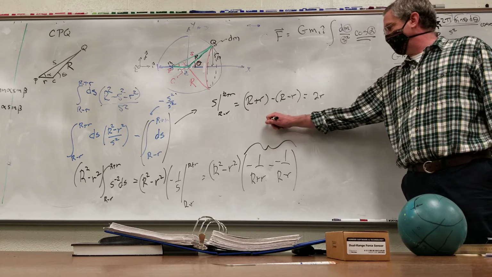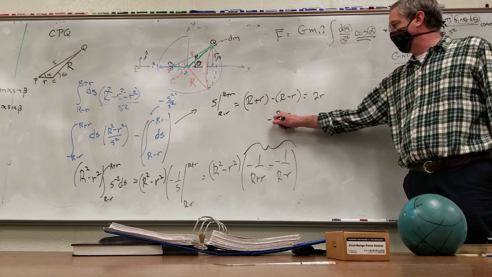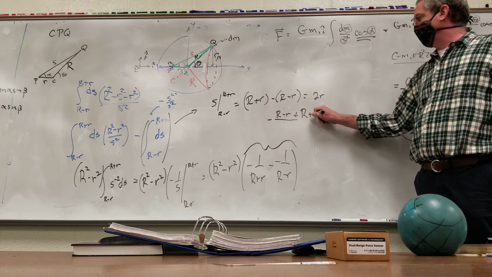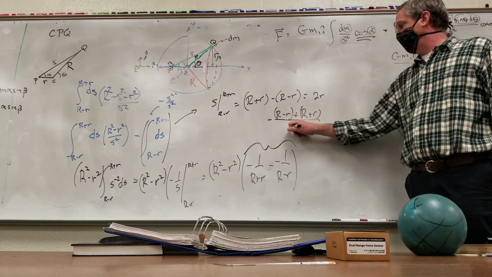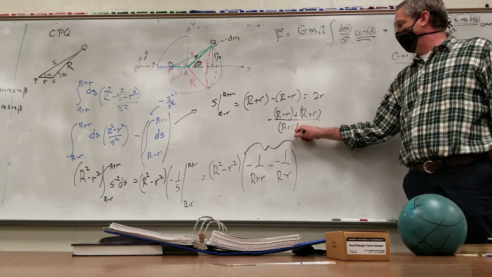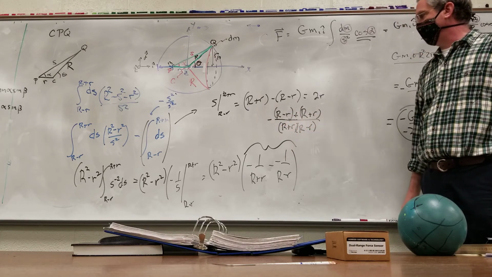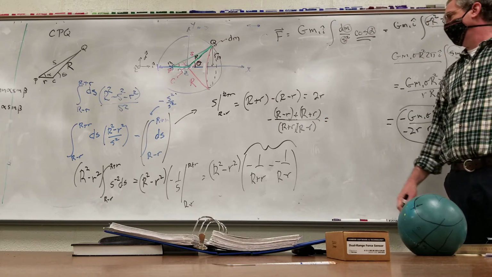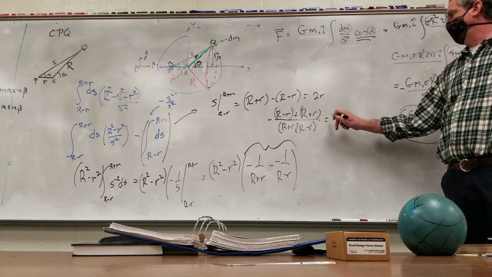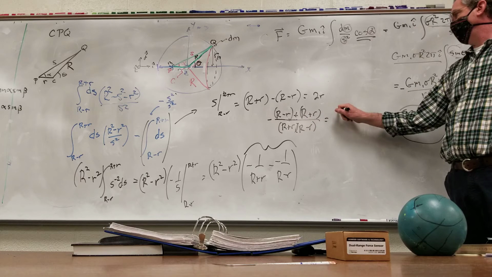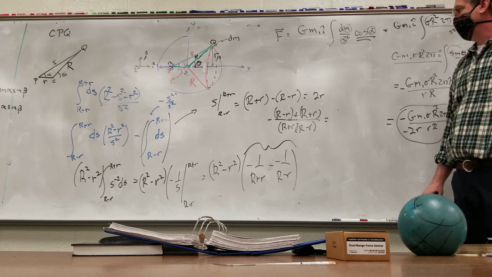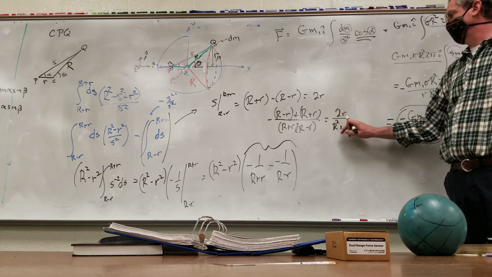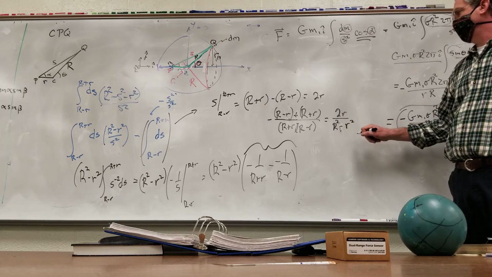So this becomes negative R minus r plus R plus r over R plus r times R minus r, which is 2r over R squared minus r squared.